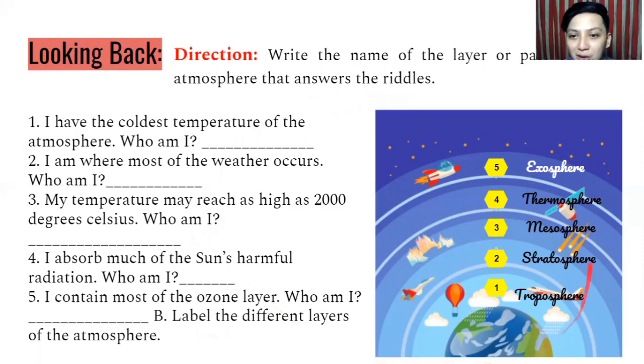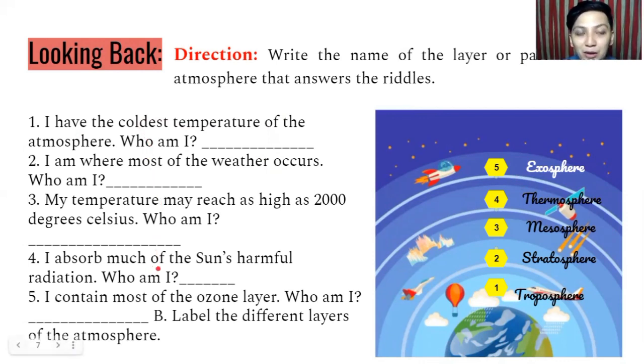Here is the illustration of the different layers of the atmosphere: number 1, Troposphere; number 2, Stratosphere; Mesosphere, Thermosphere, and Exosphere. Based on your previous knowledge, I want you to answer these 5 riddles.